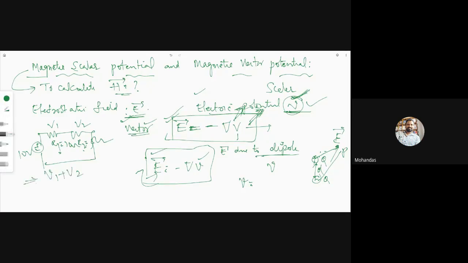Is it an arithmetic addition or vector addition? Arithmetic addition only.